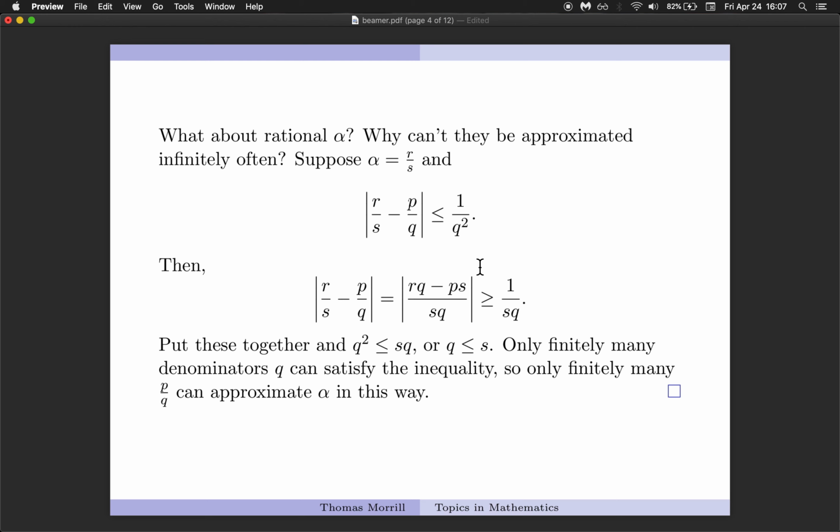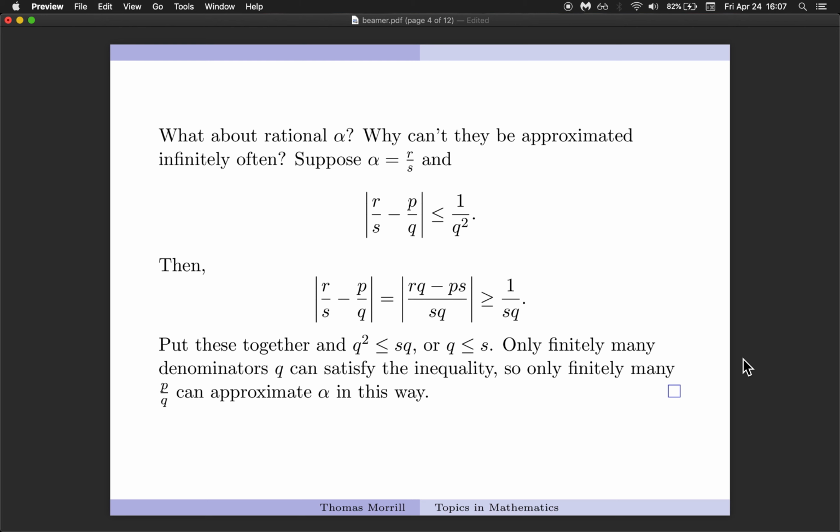Well, s is fixed, right? S comes from the denominator in the rational number I called alpha. So only finitely many choices of q are going to work for this inequality. Q could be 1, q could be 2, q could be 3, q could be as big as s, but no greater.